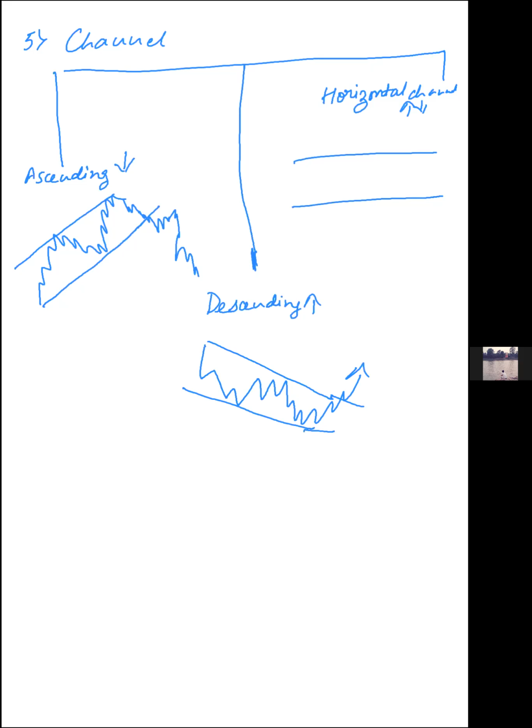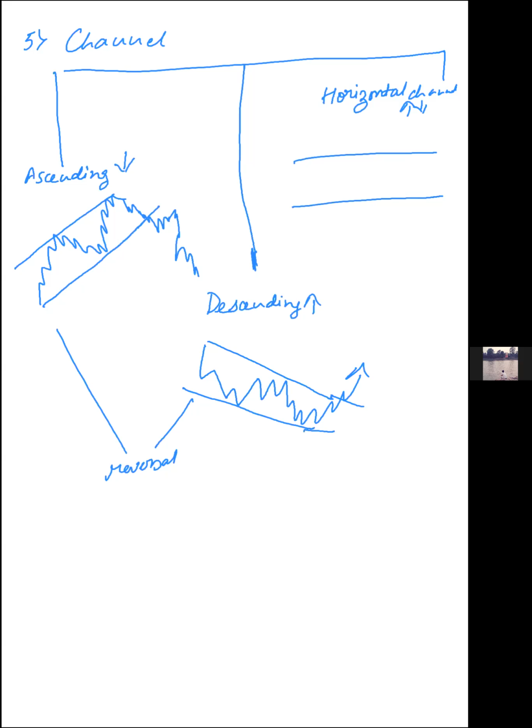I cannot say about horizontal channel, but ascending and descending both are reversal. Yes, it is the same. Always the breakouts are the same. Only horizontal may be a continuation, and maybe a break means a reversal.